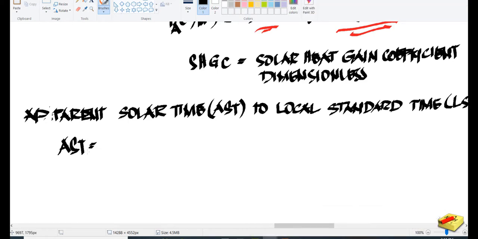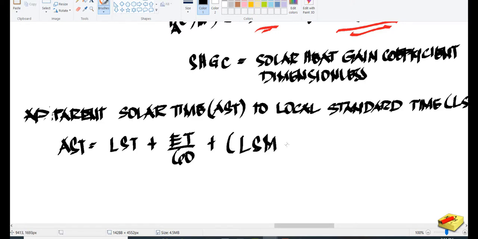Our AST is equal to your LST, local standard time, plus ET, the equation of time, in decimal minutes, so you have your ET, equation of time, divided by 60, plus the local standard time meridian, LSM, in decimal degrees of arc, minus the local longitude, LON, in decimal degrees of arc. Then this is divided all by 15.